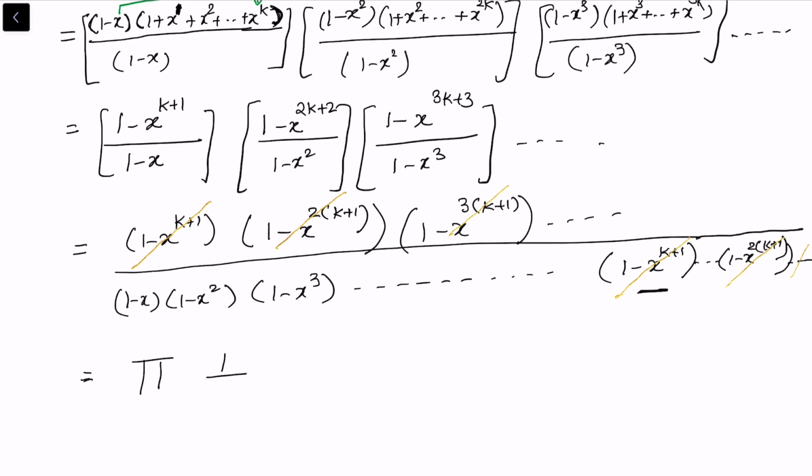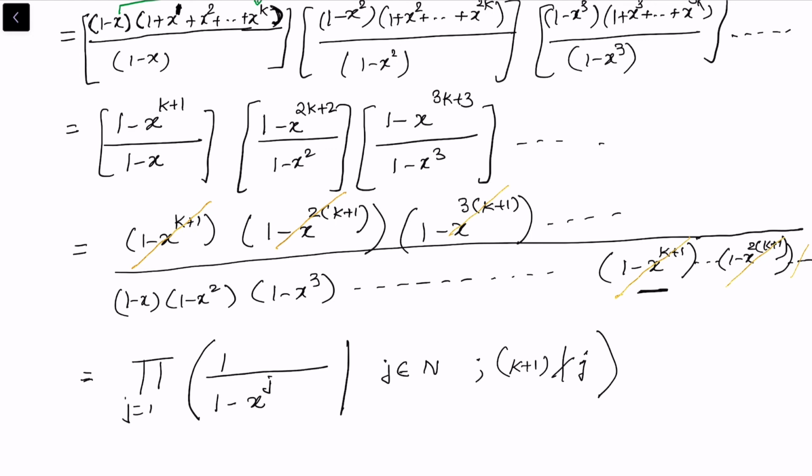We can write 1 over 1 minus x to the power j, such that j belongs to the set of natural numbers, such that k plus 1 does not divide j. So that means all the terms of j which are not a multiples of k plus 1 will be coming up, and here j varies from 1 to infinity.